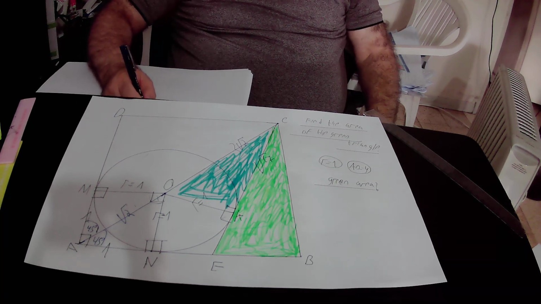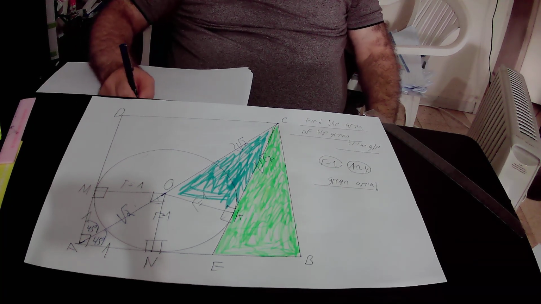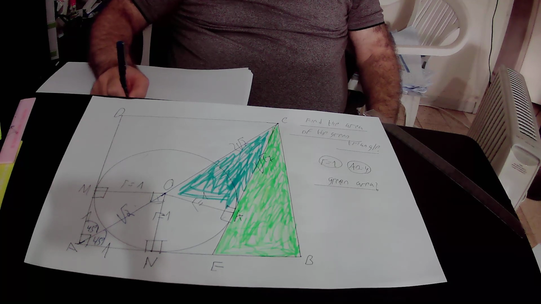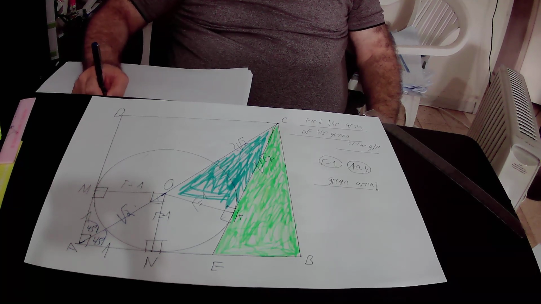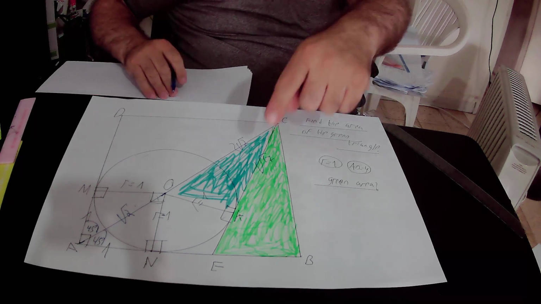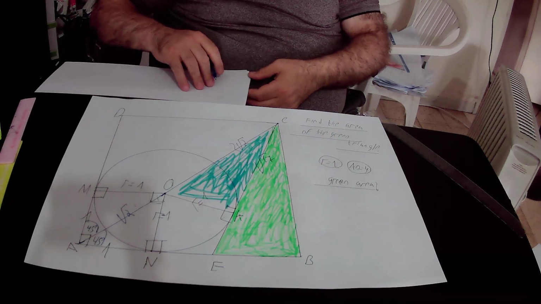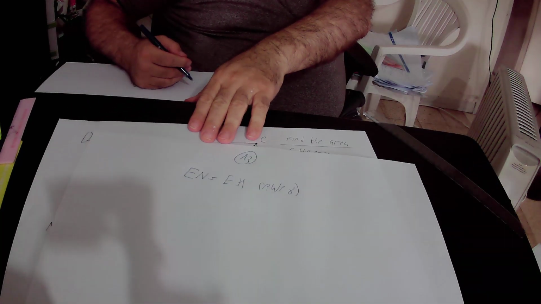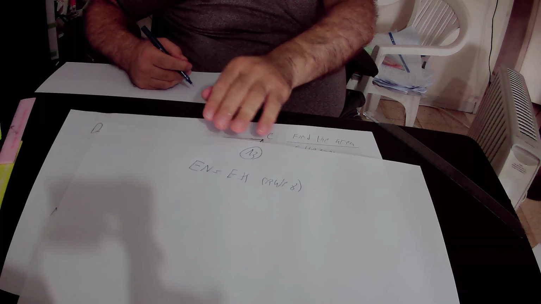So, according to rule number 8, those two tangents are equal to each other. That is to say, EN equals EK according to rule number 8.